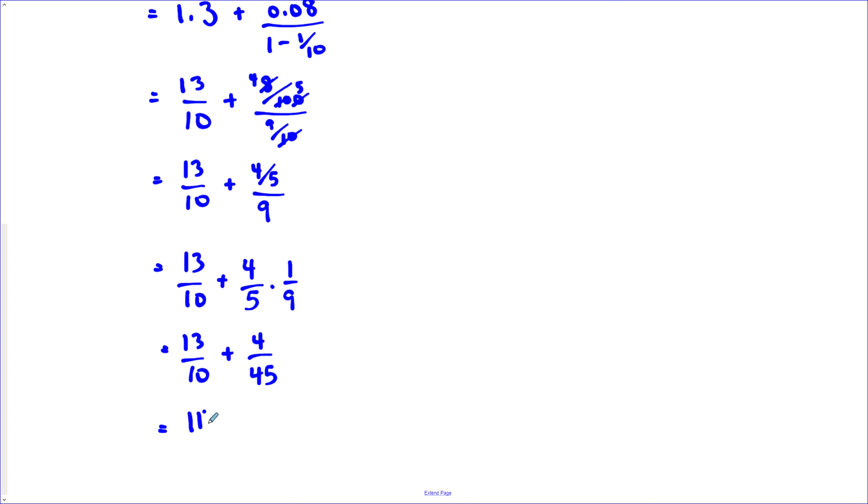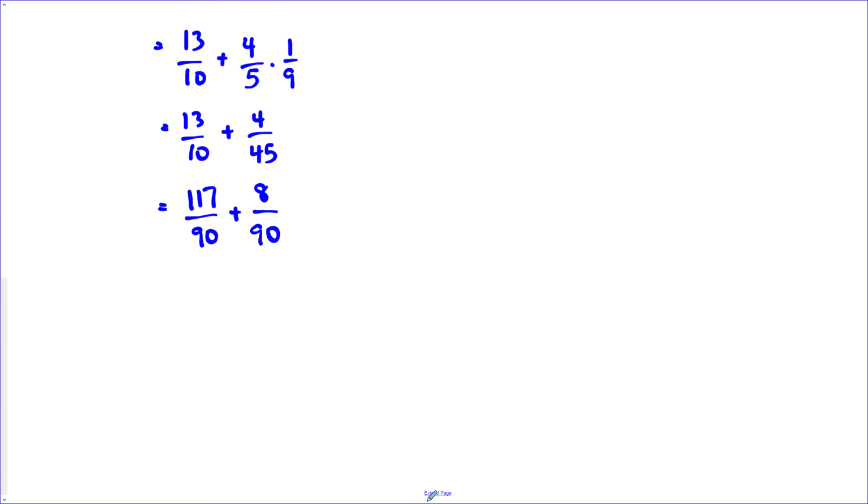So we'll get 117 over 90, plus this one multiplied by 2, so 8 over 90. And then finally 8 plus 117 is 125 over 90. And then we see, hey, this is divisible by 5, so that would be 25 over 18. And then finally, we have our nice answer in simplified fractional form.